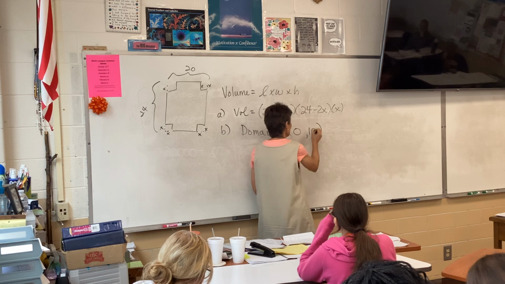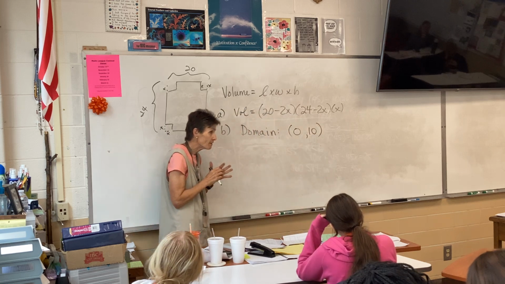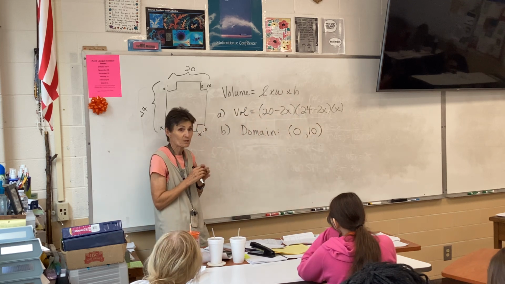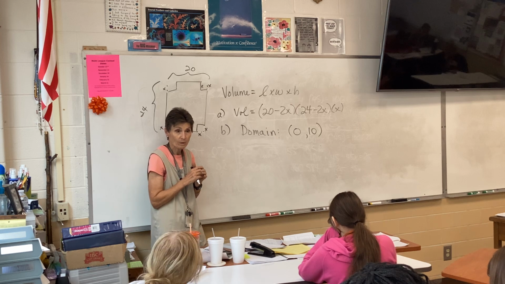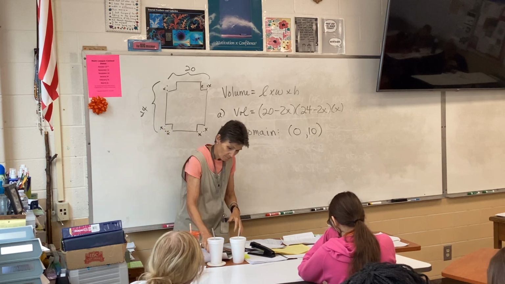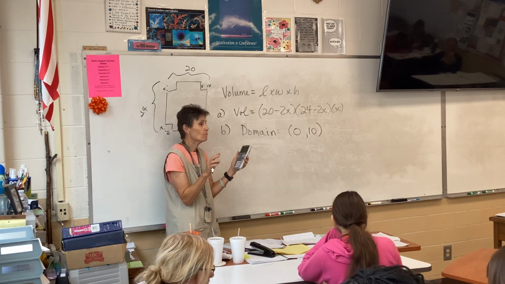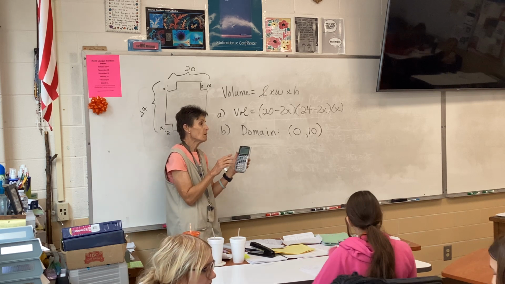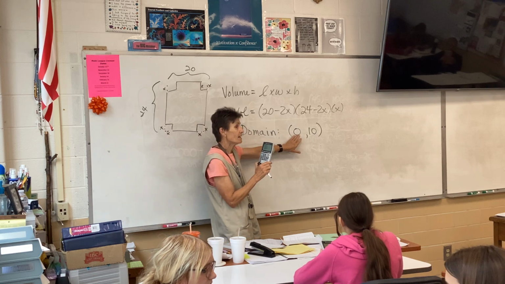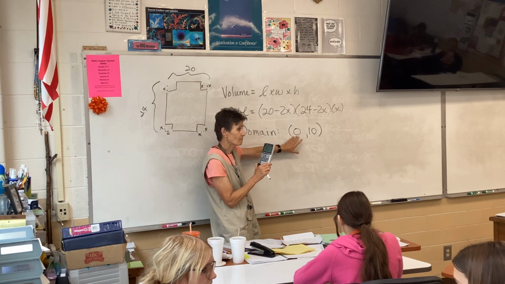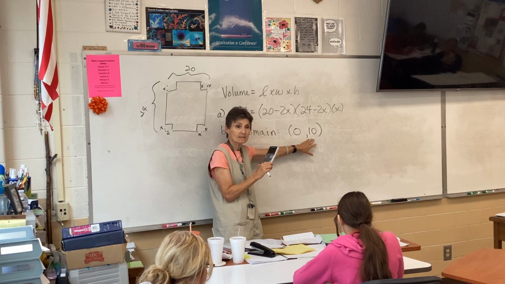Because 10 is half of the smallest dimension of the paper, right? Okay. So now I'm going to go back to my window. Remember, we're starting over. X min is still 0. X max is 10.